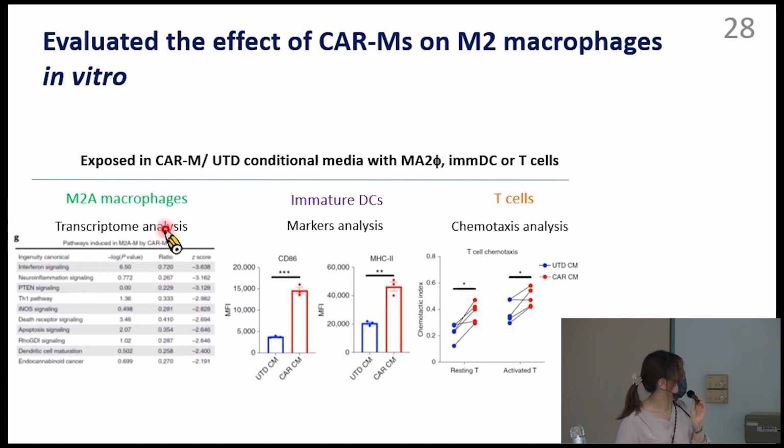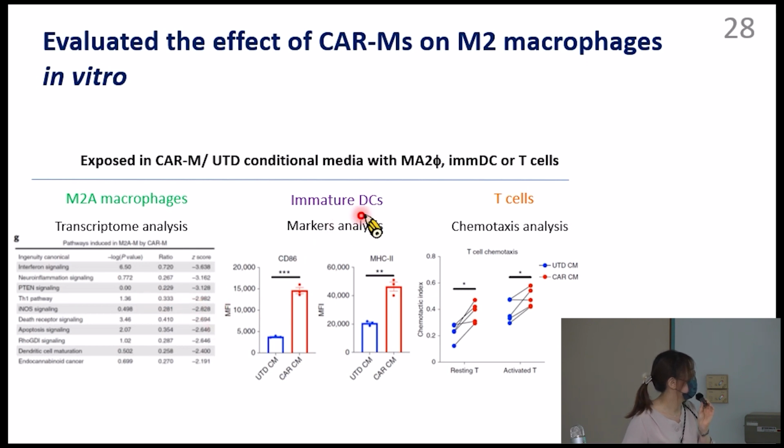With the CAR conditioned medium, the M2 macrophage can become M1, because this kind of macrophage can express some, it's very small, okay, some TH1 pathway genes, like iNOS signaling, or interferon gamma.